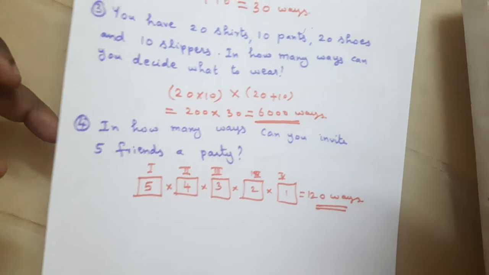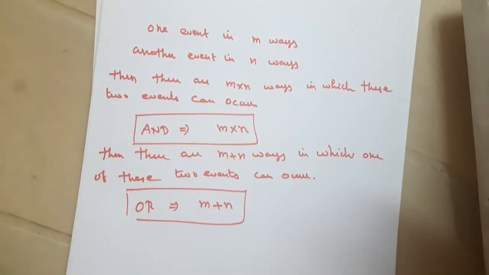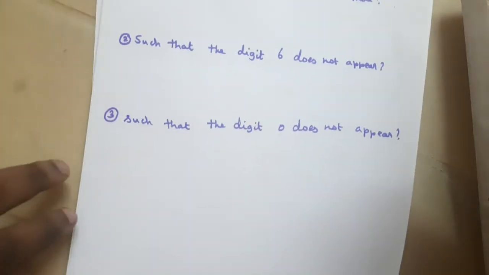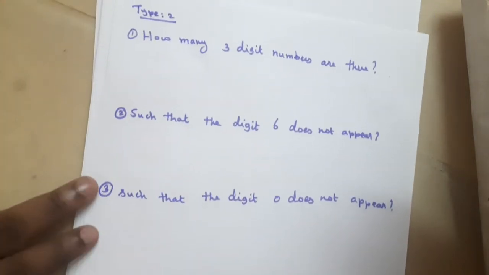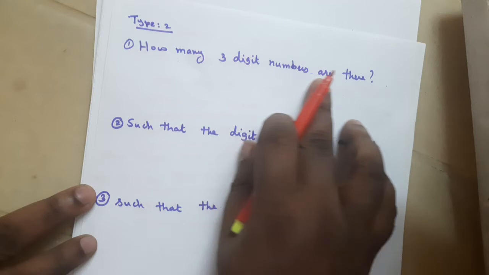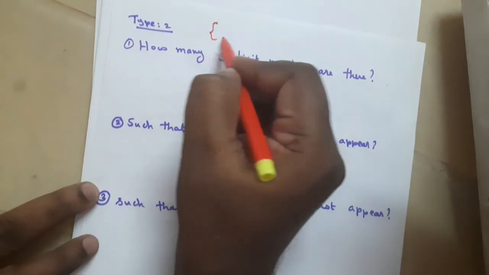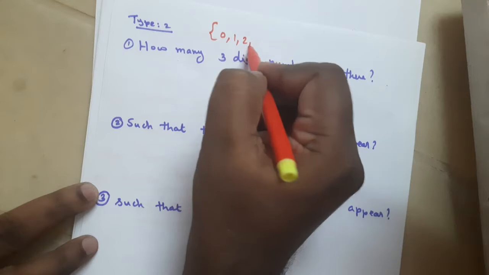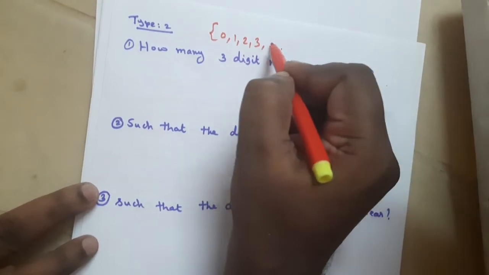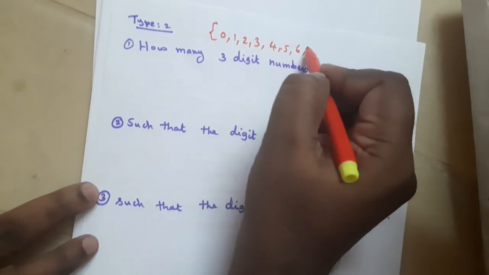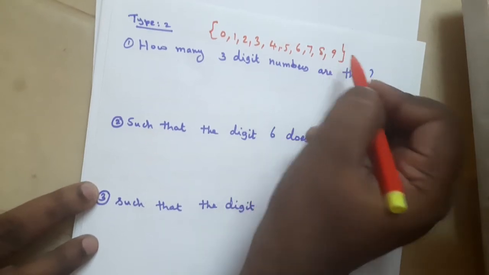This is one type of question. Next type of questions. How many 3-digit numbers are there? First, how many digits are there? Totally 10 digits. They are 0, 1, 2, 3, 4, 5, 6, 7, 8, 9.